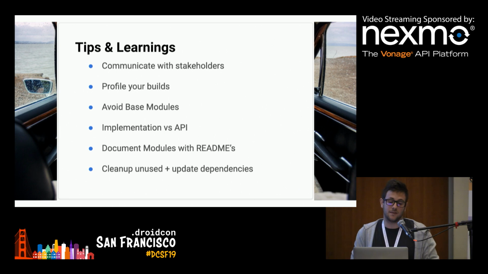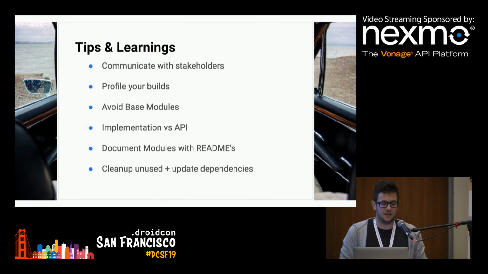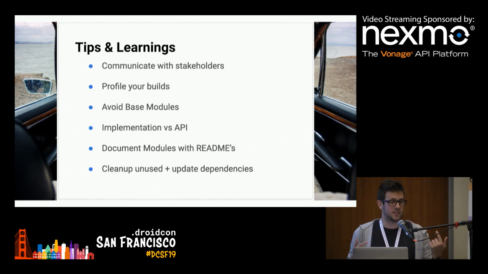To end with, and it's also really important, clean up unused dependencies and also update them. Something I forgot to mention was around KAPT, the Kotlin annotation processing tool. If you're using Dagger, and you haven't updated Dagger in a while, you won't be making use of incremental KAPT. This is a very similar concept to caching.